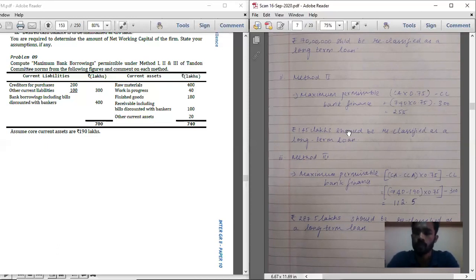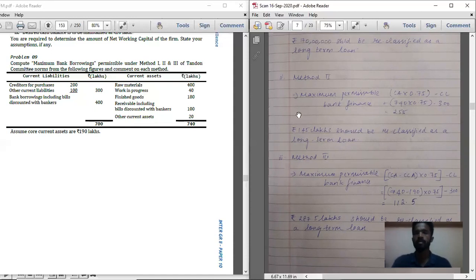So under method 2, the maximum permissible loan is only 255 lakhs, whereas they have already given 400 lakhs. So 400 minus 255, that is 145 lakhs should be disallowed and it should be converted as long-term loan. Under method 2, only 255 lakhs can be provided as working capital loan, but they have already provided 400 lakhs. So 400 minus 255, that is rupees 145 lakhs should be converted into long-term loan.